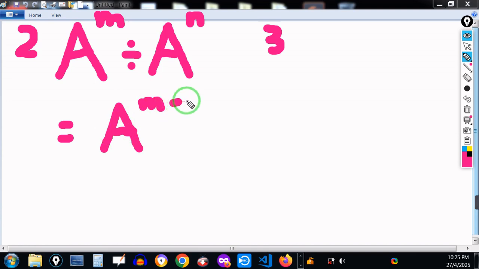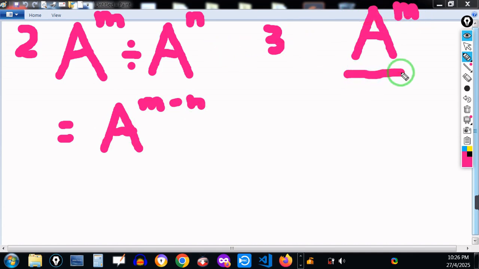However, you'll see questions being set which look like this one. You have the same a to the power of m, but you see the a to the power of n coming underneath here.